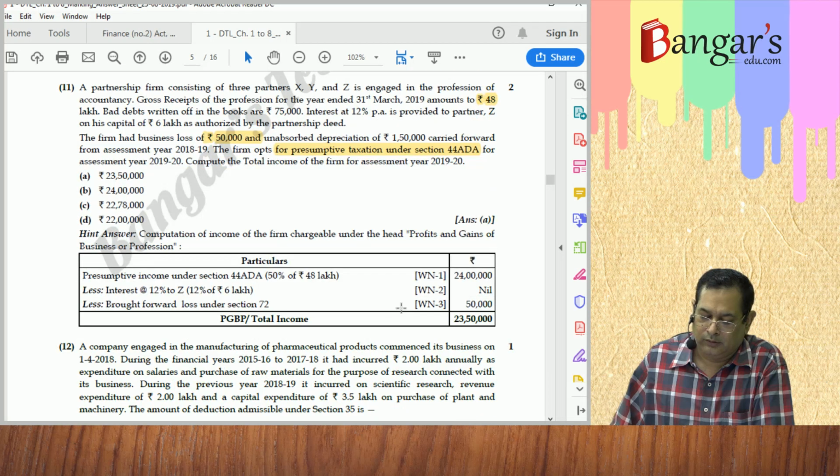So here the total income will be 23 lakh 50,000 rupees. This is the total income. They are asking for the total income, 23 lakh 50,000 rupees.